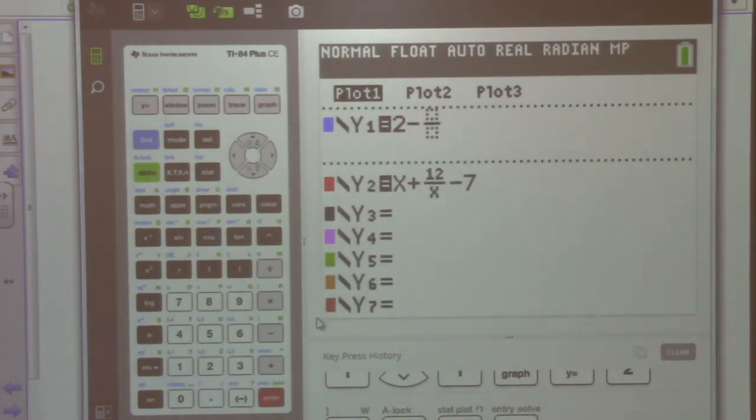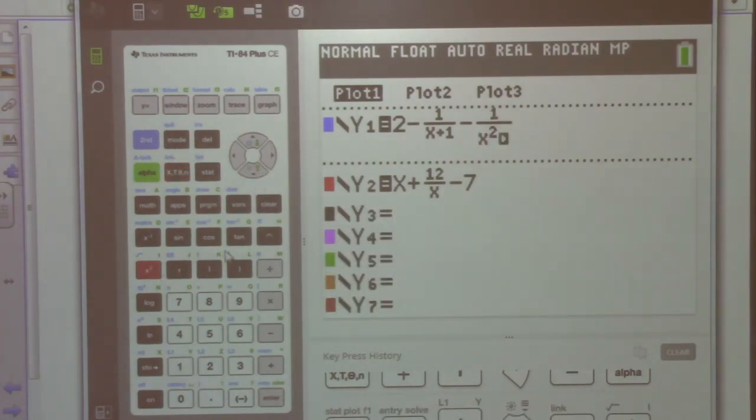2 minus 1 over x plus 1. And then we subtract out the right side, which is minus 1 over x squared plus x.